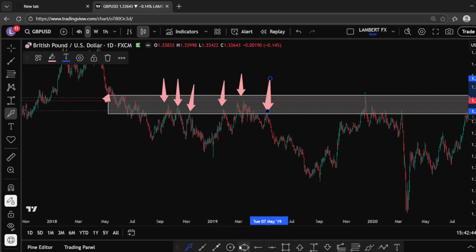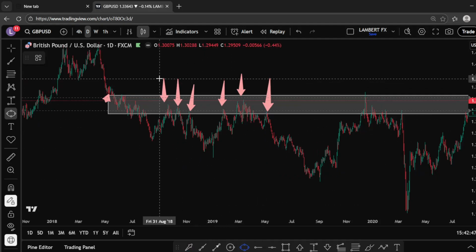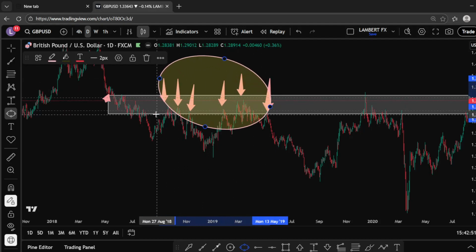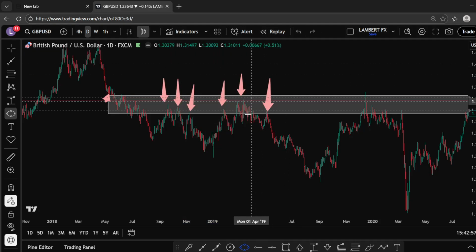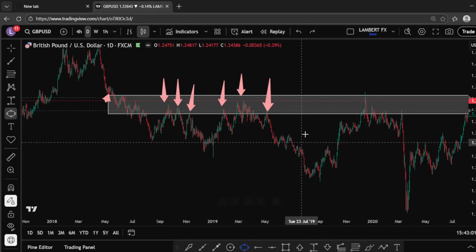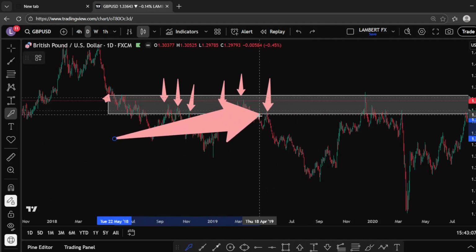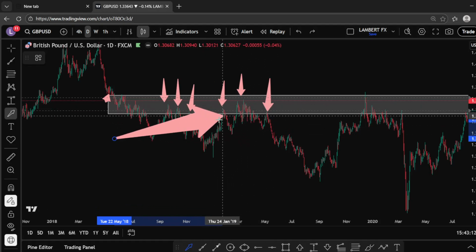So with these 6 touches, traders will be eyeballing this area, this zone, to take a trade. All right. So this is a well defined zone, a well defined area where traders will jump in to take longs and shorts.